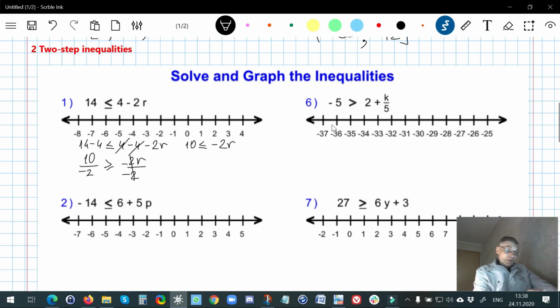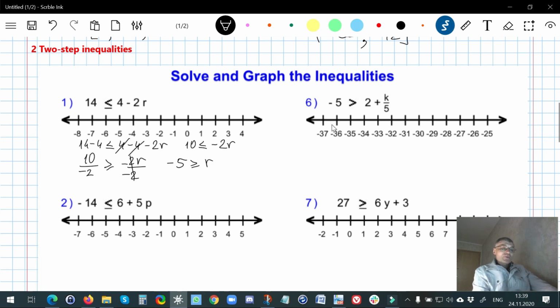On the right side, left side, I have a tendency of mixing right and left. We have 10 divided by negative 2. We know that the sign is negative, and it's just negative 5. Negative 5 is greater than r.